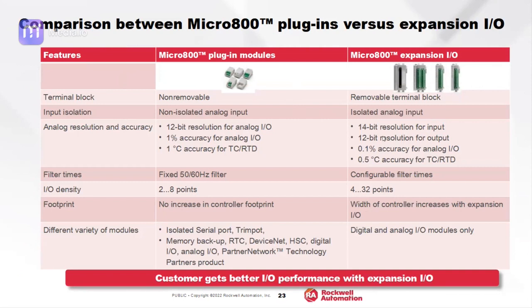If it is an expansion, all the analog input modules are isolated. Compared to plug-in, the expansion will have 14-bit resolution. For analog input modules, the module density will be 4 to 32 points. Plug-in module density minimum is 2, maximum is 8.